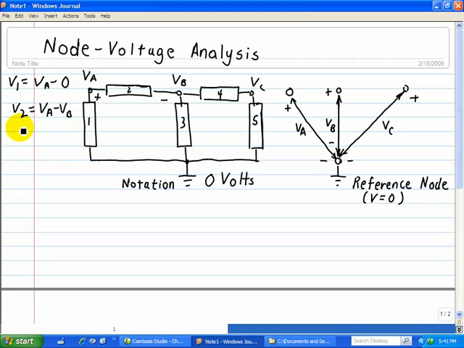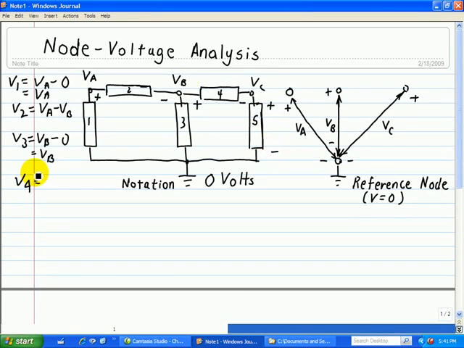And then V3, we have VB minus 0, or simply VB. And here for V1 we have simply VA. Now VB minus VC, so voltage across V4, again it takes 2 points. We'll choose this as a higher voltage and this is the lower voltage, as well as for device 5, where we have the polarities of plus and minus associated with that.